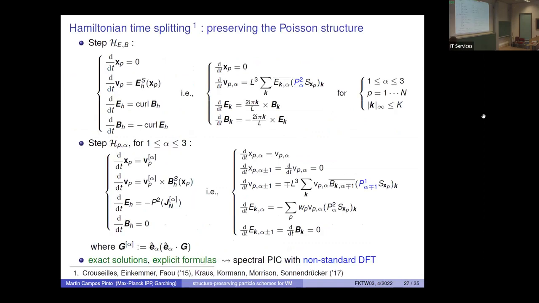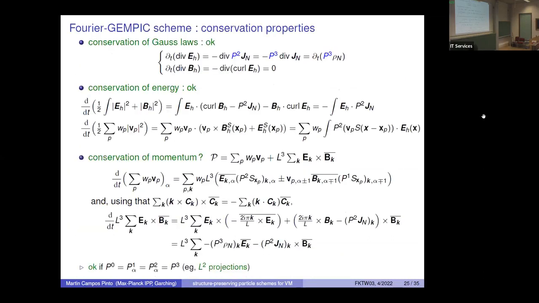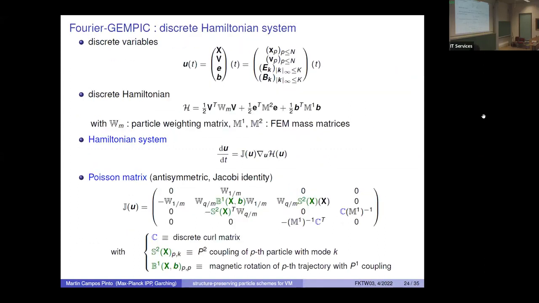Okay, and I can show a little bit some of the equations for now the fully discrete schemes in the Fourier case, in the spectral case. When you split the Hamiltonian, again Hamiltonian splitting means that here you have substeps where you solve this equation, but not with the full Hamiltonian here, just with one part.